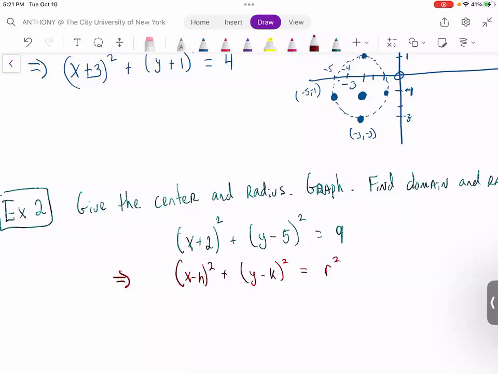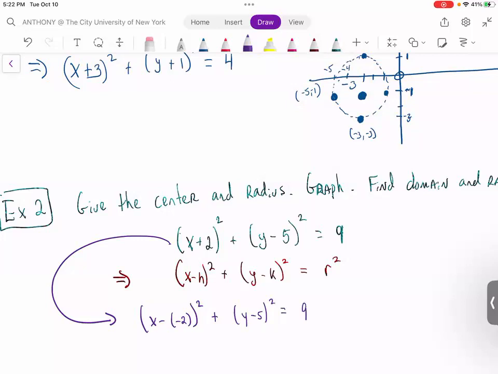So what you need to do is factor out a -1 from that +2. If you factor out that -1 from the +2, then the +2 becomes a negative. All right. So the given equation, this x plus 2 squared is actually x minus -2 squared plus y minus 5 squared is equal to 9, right?